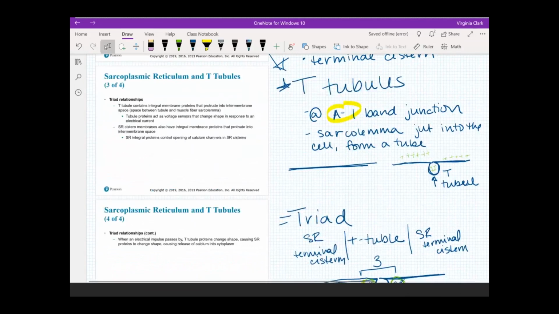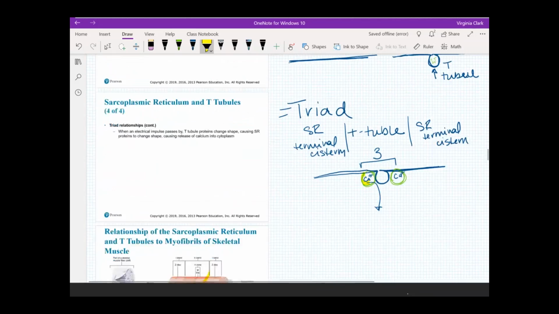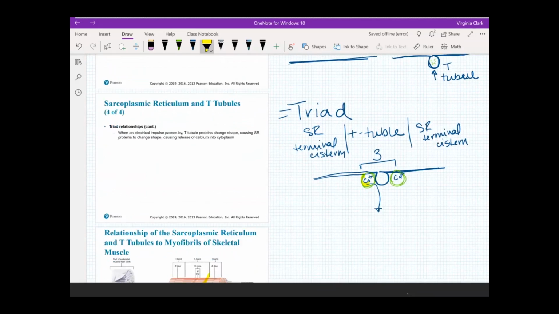So with this triad, it's our T-tubule that is protruding into the space. And this T-tubule will come together with our sarcoplasmic reticulum cistern membranes that also protrude into the intermembrane space. And these are going to control the opening of our calcium channels. That is exactly what we just drew right here.